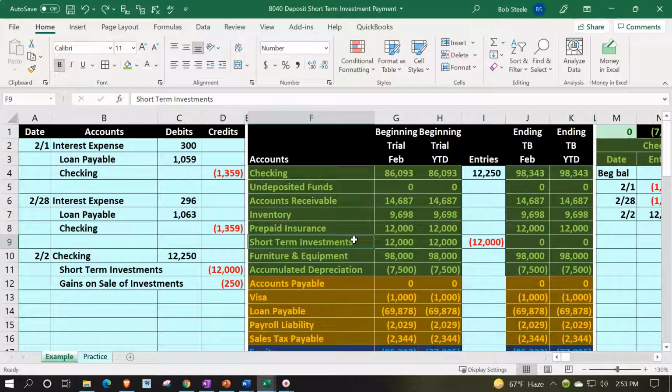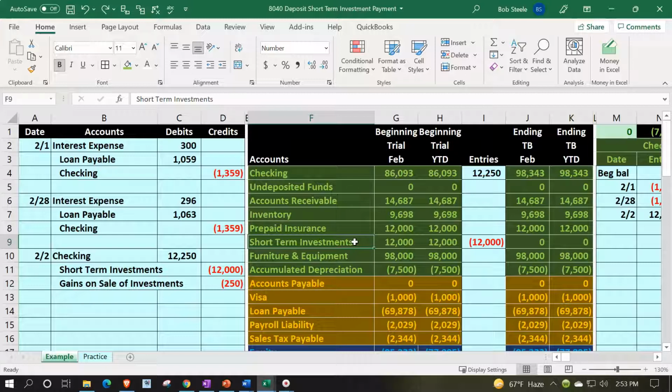Now, if you're in the business of investing, or if you're holding a short-term investment and you're not in the business of investing, or if you're doing your personal bookkeeping, you have some other issues in relation to the investments. One would be, should I break out the different kinds of investments on my trial balance and financial statements?